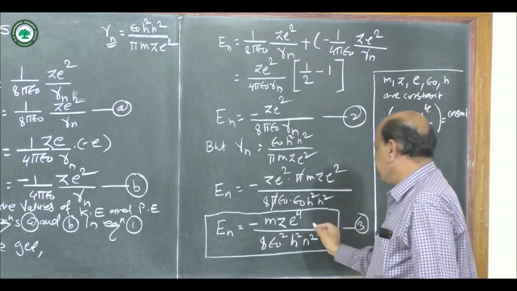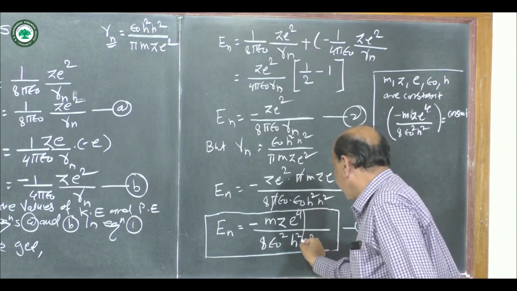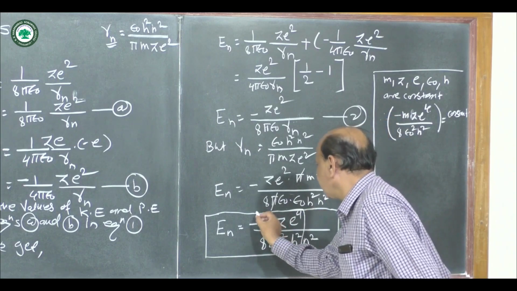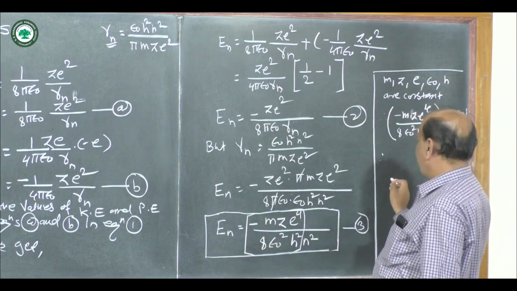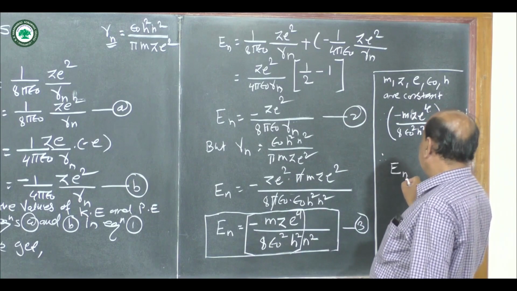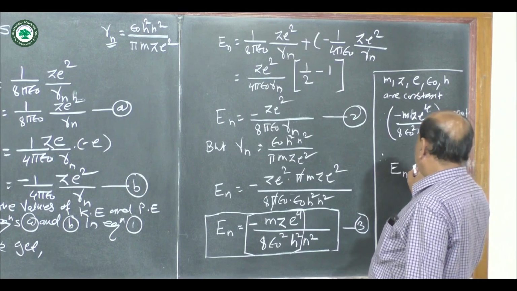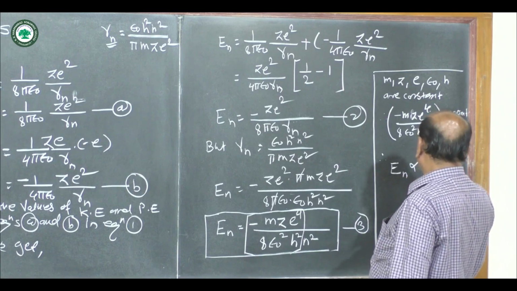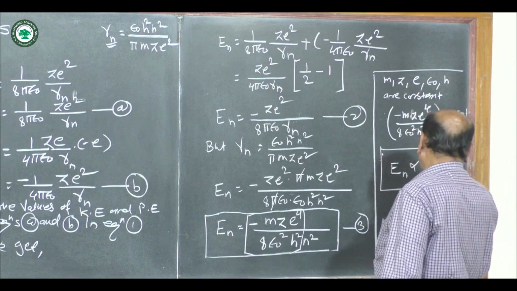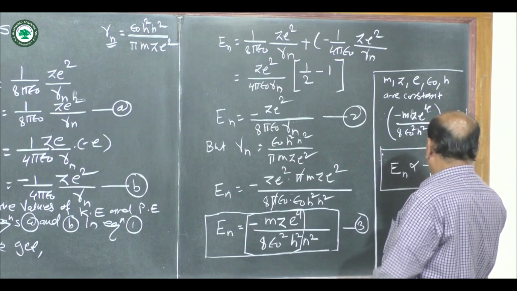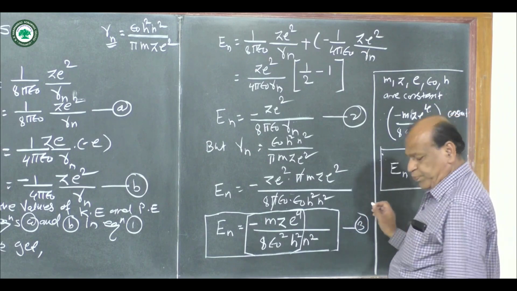Means this term is constant here, and therefore we write that the energy En is inversely proportional to n square. This is equation number 4.